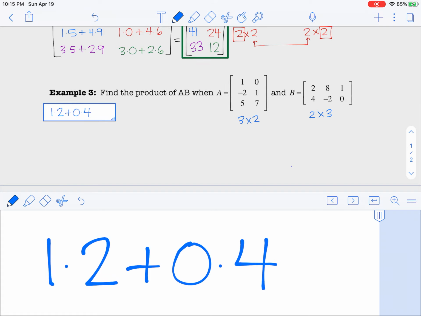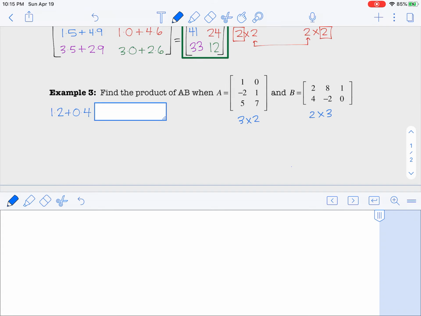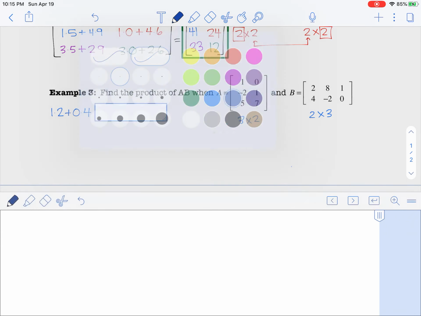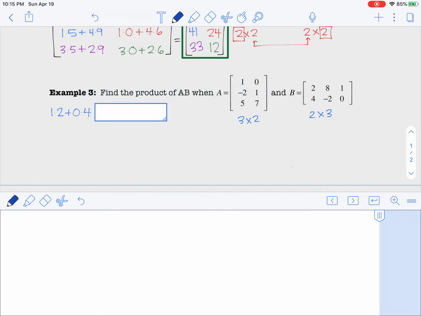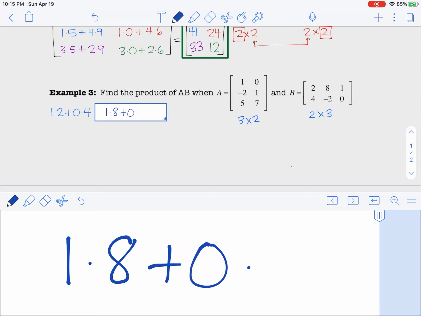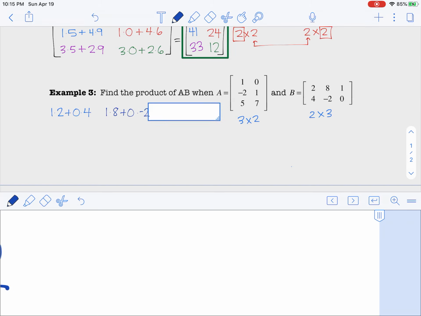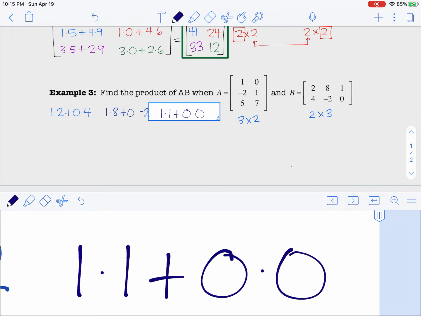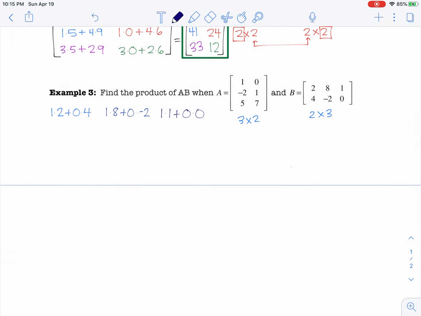That's the first row, first column. Then we have 1 and 0 again, so 1 times 8, going down our second column, plus 0 times a negative 2. Still going on the first row, so we have 1 times 1 now, plus 0 times 0. And that should be all of our first row.